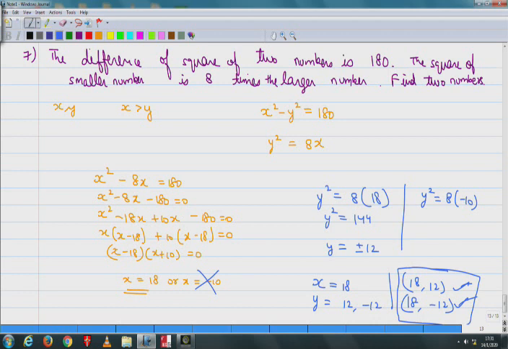Getting it, Itanagar? Is this clear to all of you? Is this clear, Itanagar, this answer?